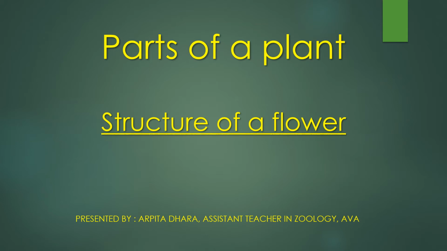Hello student, in the previous class we have already discussed the living world, and we saw that the living world can be divided into 5 kingdoms, in which the plant kingdom is one of them.